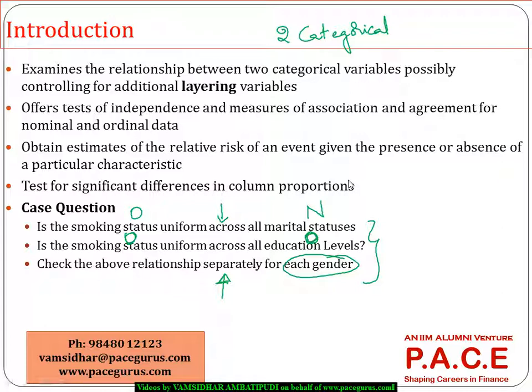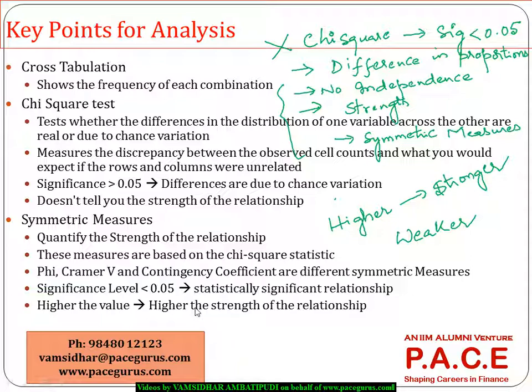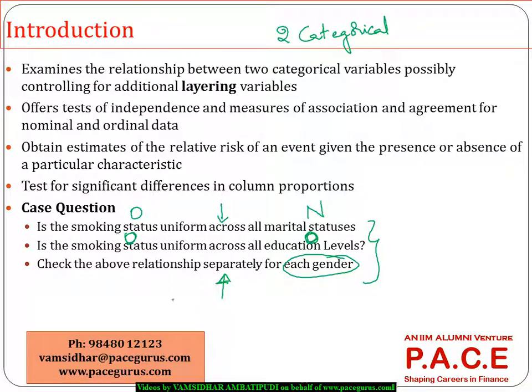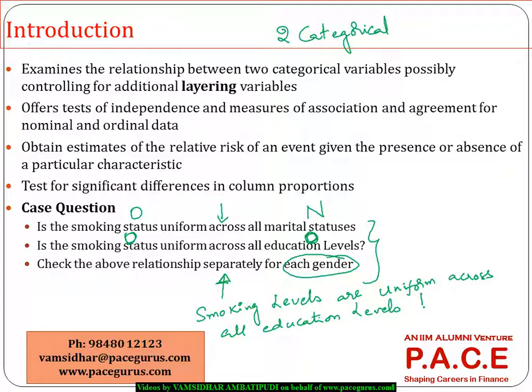To write a conclusion, what I could write as a part of the conclusion here: the smoking levels are uniform across all education levels, both for males as well as females.